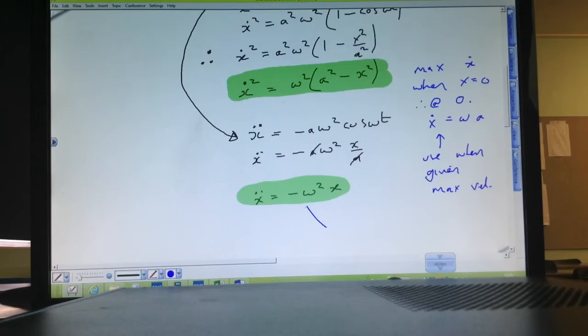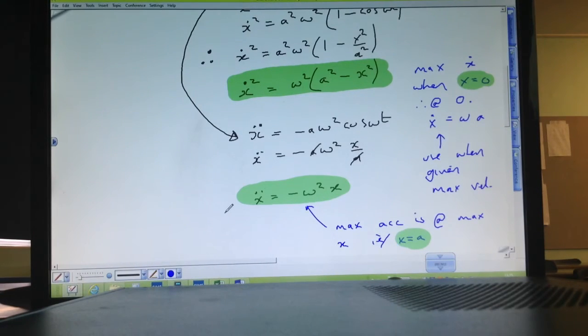So here, you can put an arrow down: max acceleration is at max x, i.e. A. So x equals A. This one was when x equals 0, and this one is when x equals A. And there's one last thing I want to talk about, and then we're away.